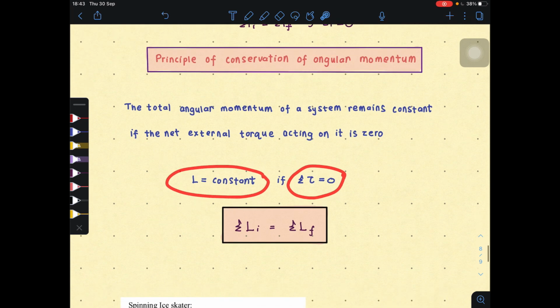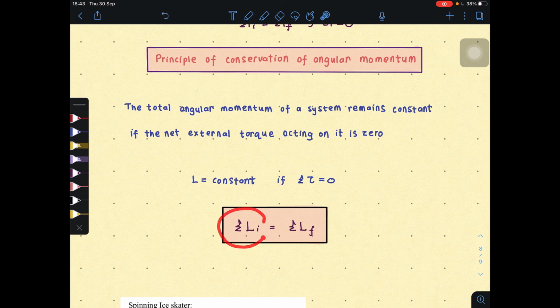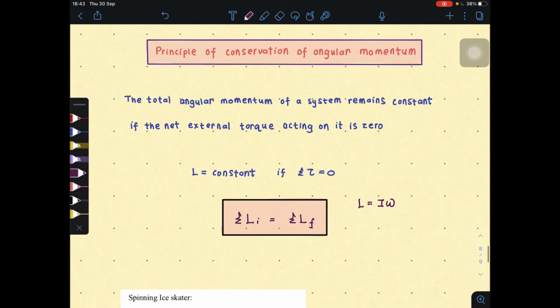When constant, the sum of the initial momentum will be equal to the sum of final momentum. Because we know that momentum equals I omega, I omega initial will be equal to I omega final. So it depends on the situation.